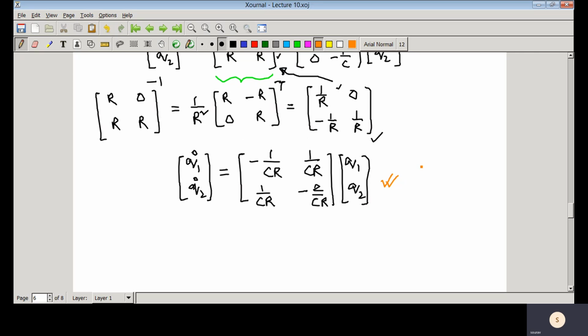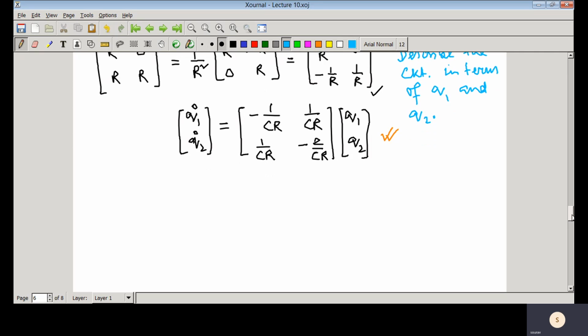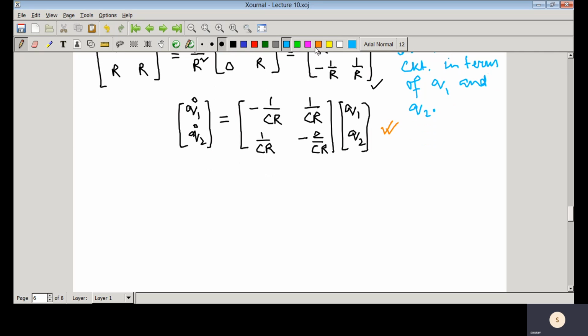So now interestingly, we can also describe that circuit in terms of q1 and q2, the charges stored in the capacitor. But we can also describe this circuit in other ways.